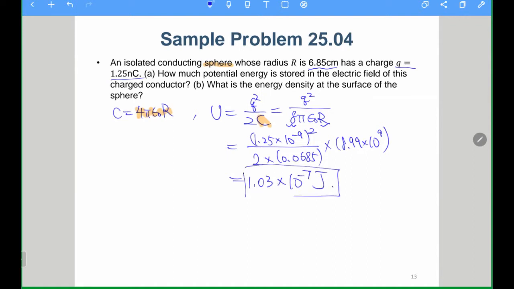So this is the energy stored in the capacitor. And then it also asks what is the energy density? So for the energy density, we know E equals K times Q over R squared.